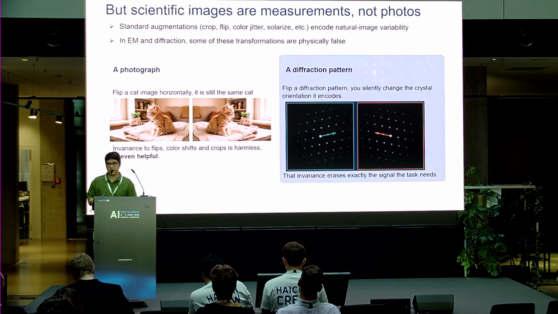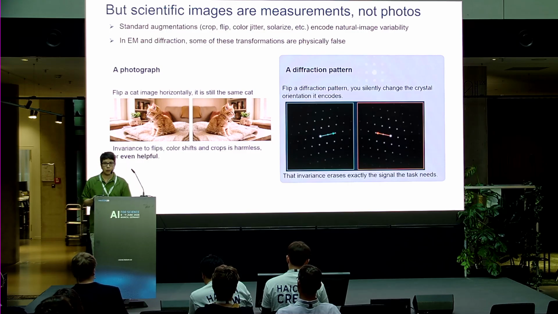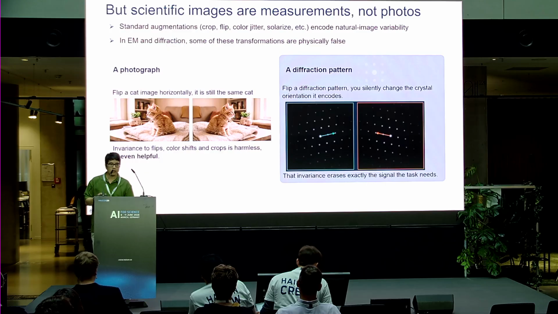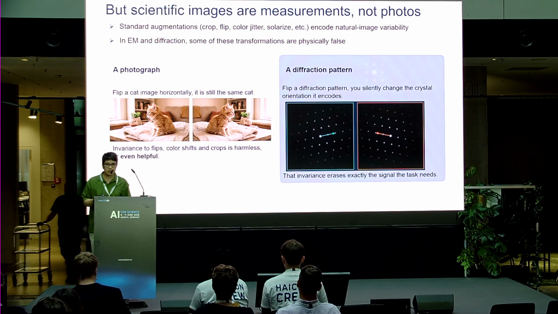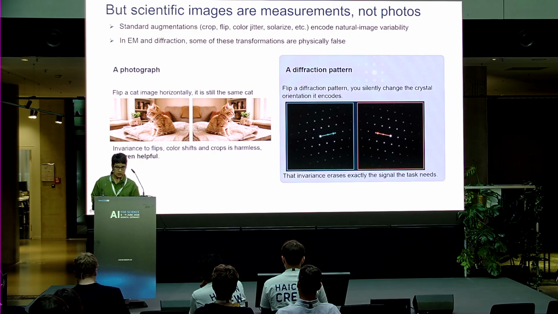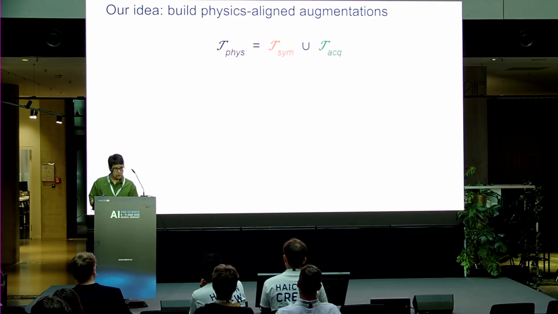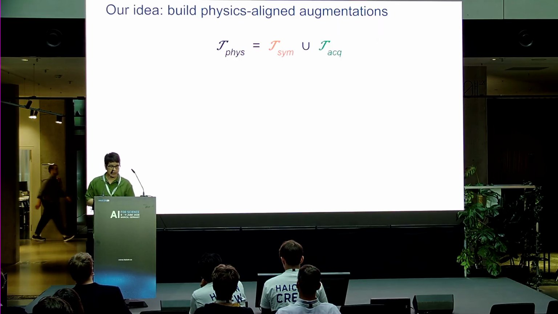But in diffraction pattern images, if you flip it, you basically change the crystal orientation, and that's not what is desired. You want the model to be able to differentiate between a diffraction pattern and the flipped version of it, and know that they have different crystal orientation. So our idea is to design augmentations from the measurement physics directly.